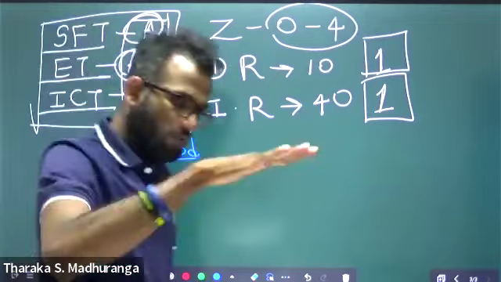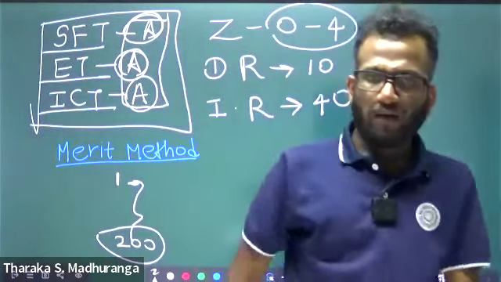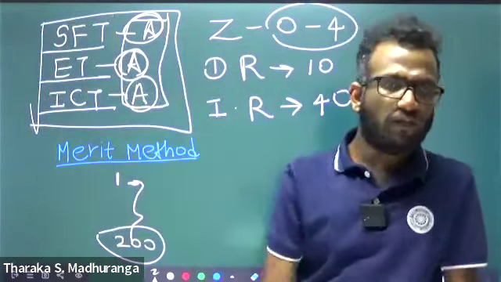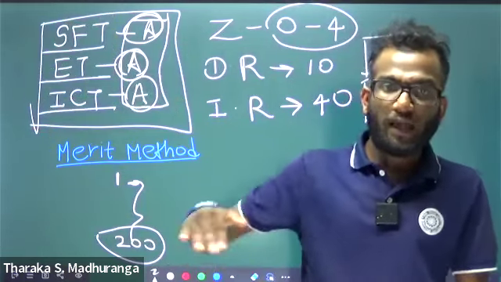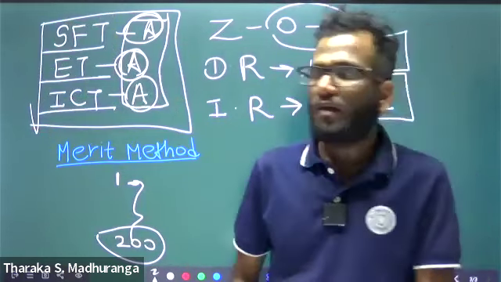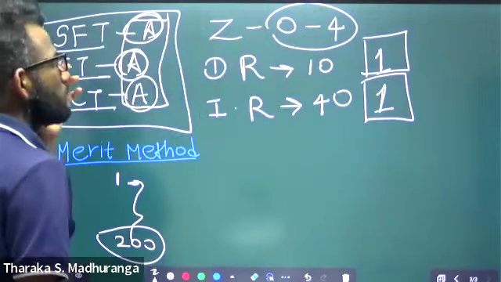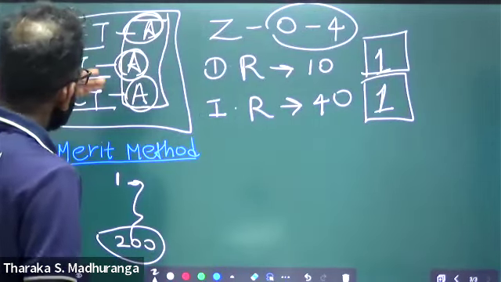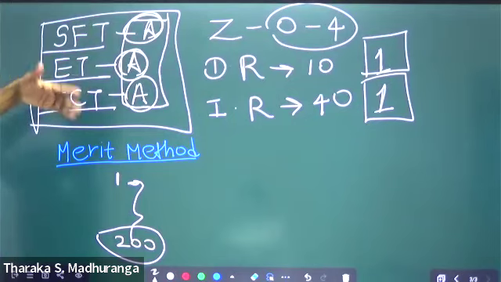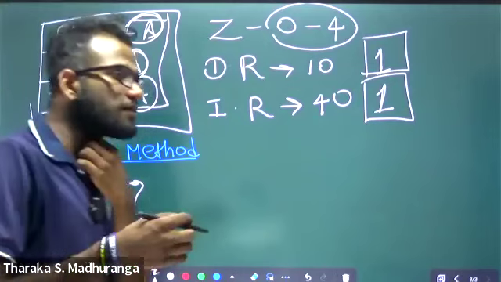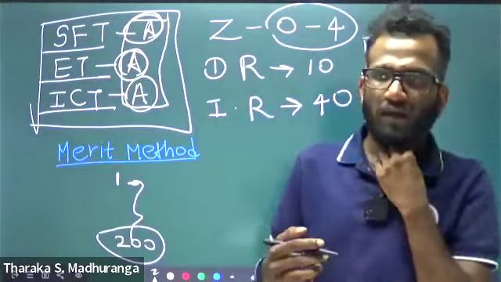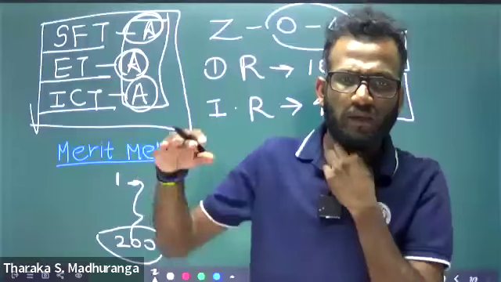ICT also has a good Z value, but comparatively the SFT Z value is high, greater than ICT. Okay, but if we consider these 3 subjects, their Z value is greater compared to art subjects like Sinhala, geography.